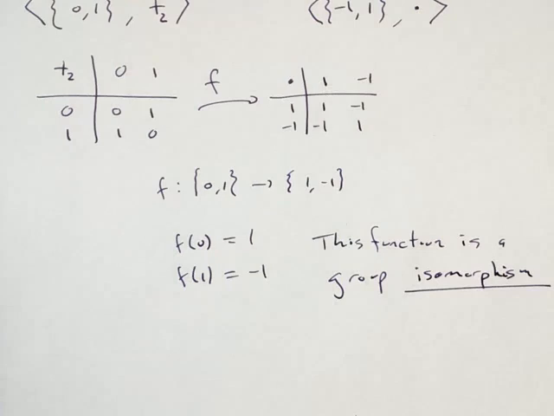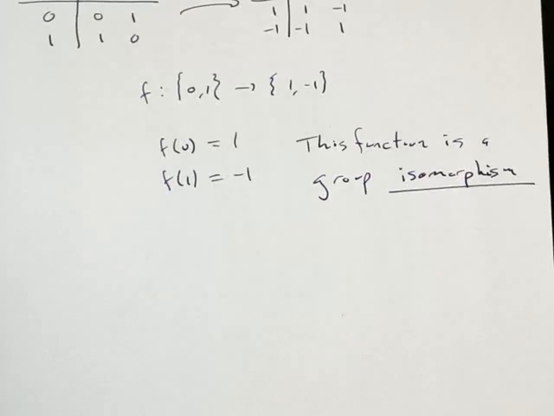Isomorphism. Iso, same, morph, shape. When you use it as a verb, it means to change things. When you use it as a noun, it literally means shape. So an isomorphism means these two things are really the same shape.